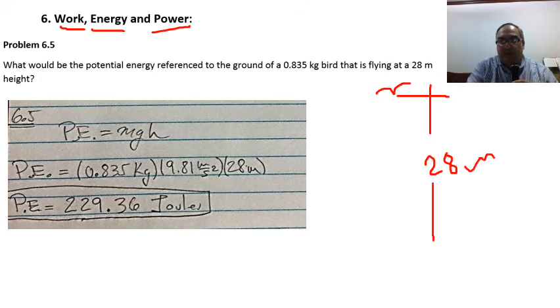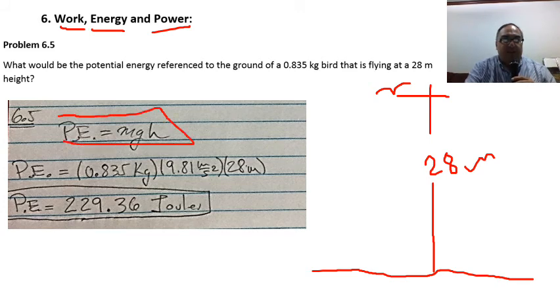And here we have the ground, right? There you go, 28 meters. If you remember, the equation is potential energy equals the mass of the object, the gravity, and the height. So the potential energy is just the mass, 9.81, which is gravity, and 28 meters, which is the height. We multiply those and we get this result.